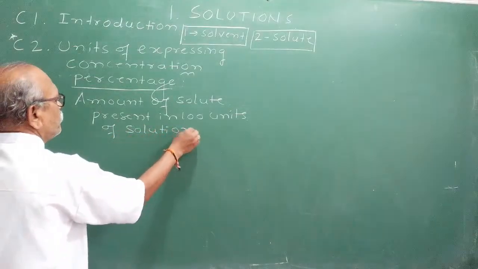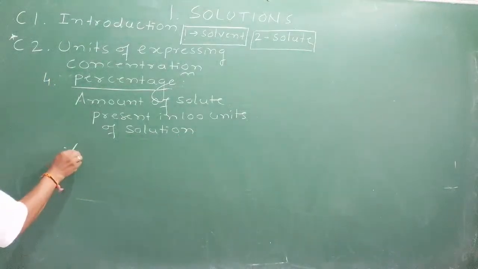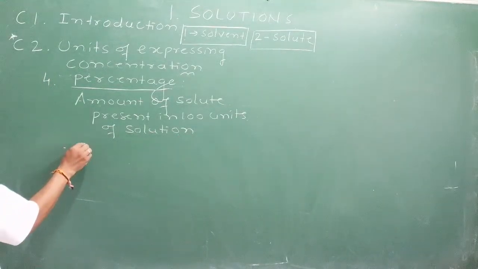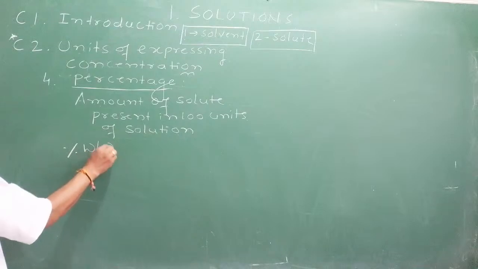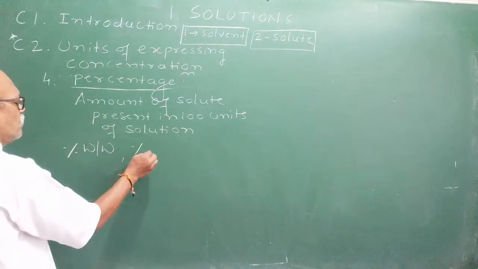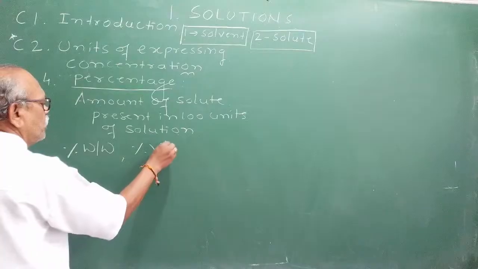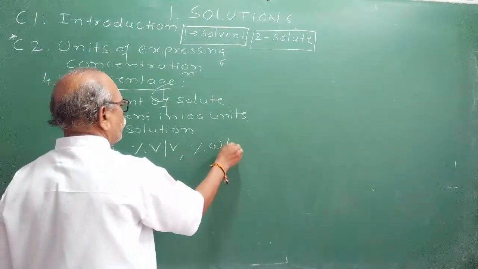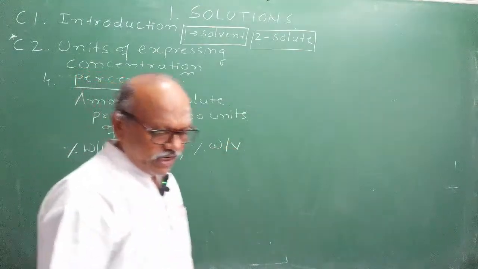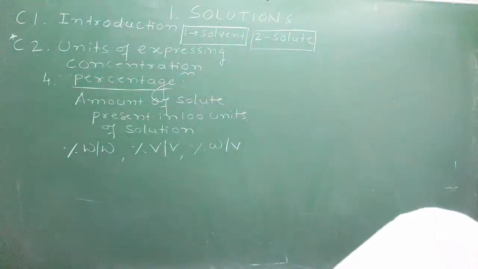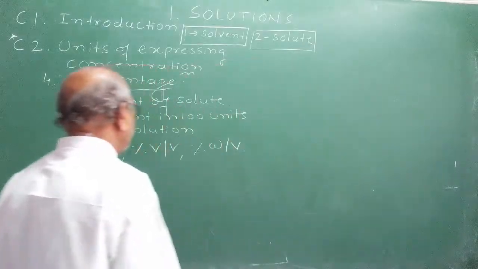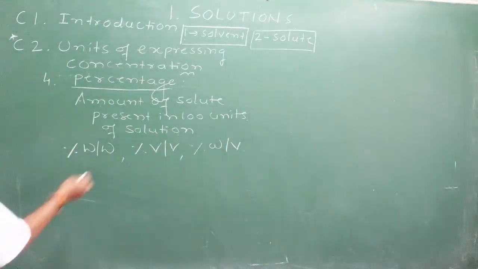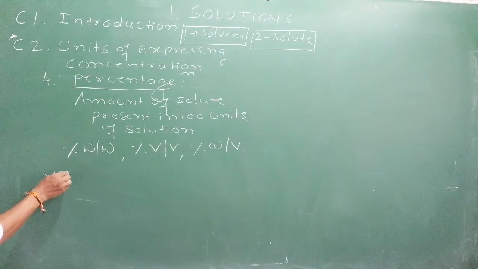As I discussed in the previous class, this percentage will have three types. Percentage of mass by mass, percentage of volume by volume, or percentage of mass by volume. There are three types. And what is the formula to get the percentage?